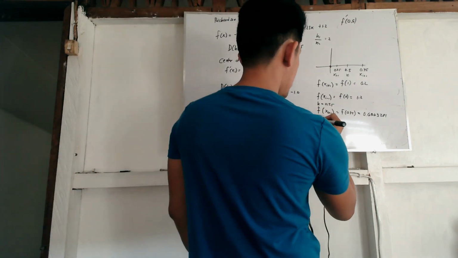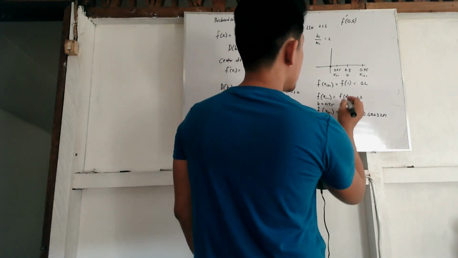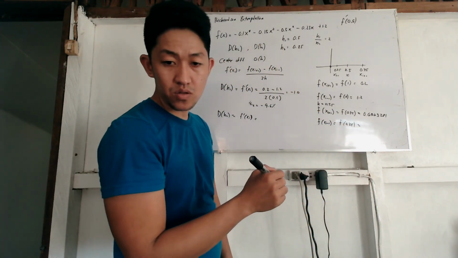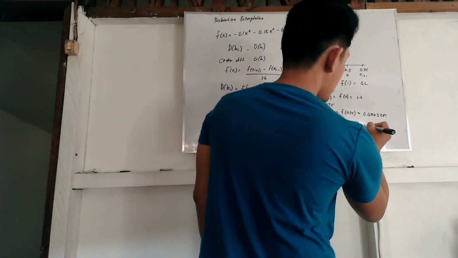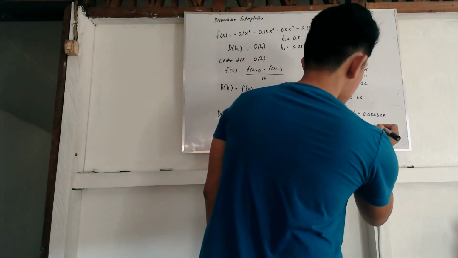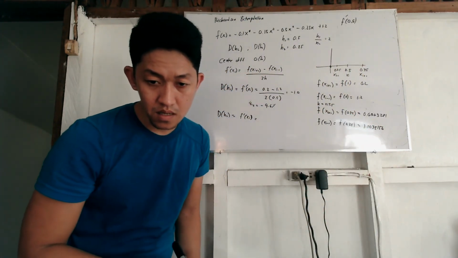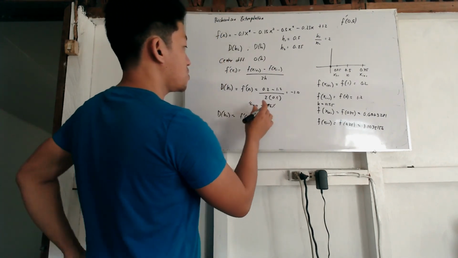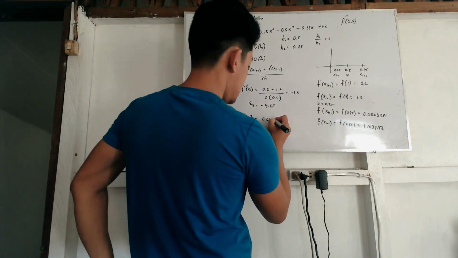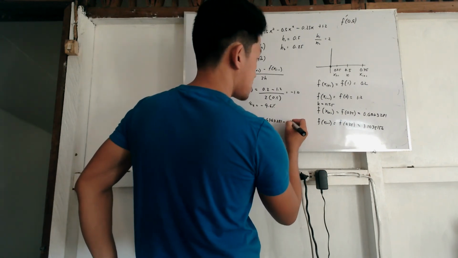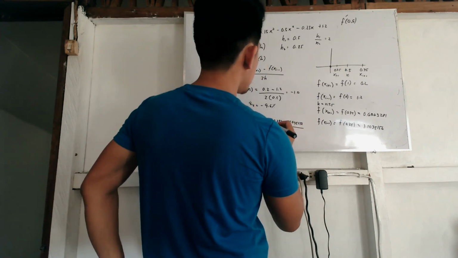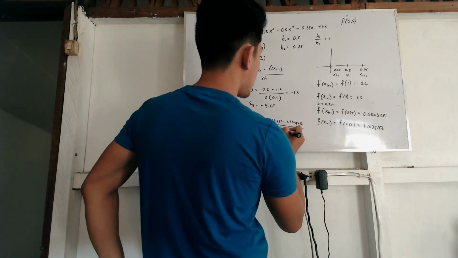And then f of xi minus 1 is f of 0.25, which is equal to 1.1035156. Okay, so this becomes 0.6363281 minus 1.1035156 divided by 2 times 0.25.